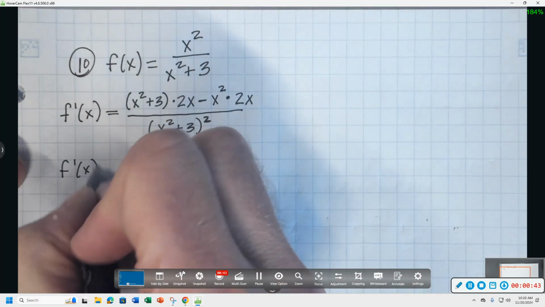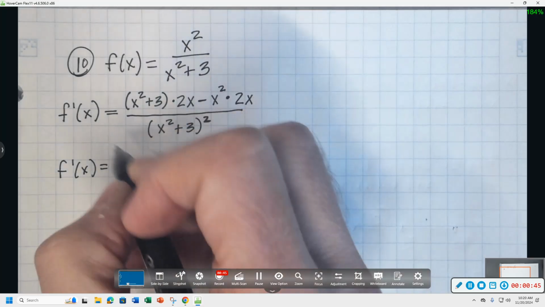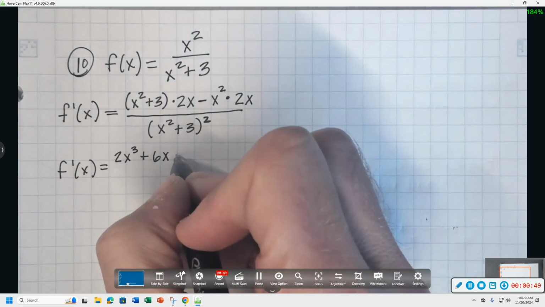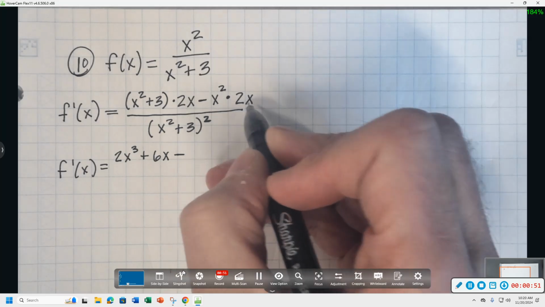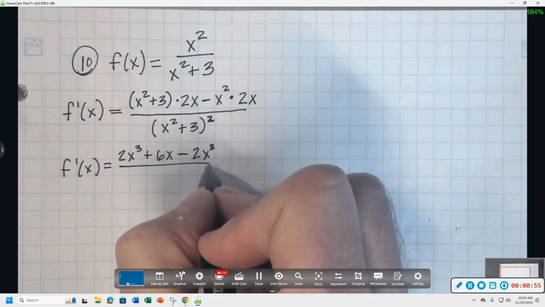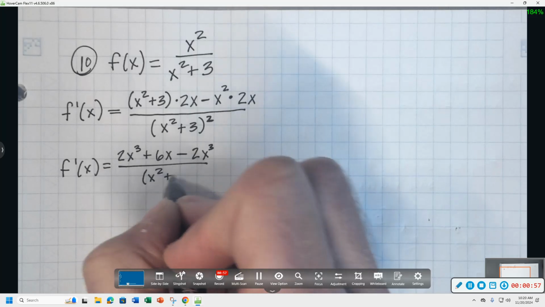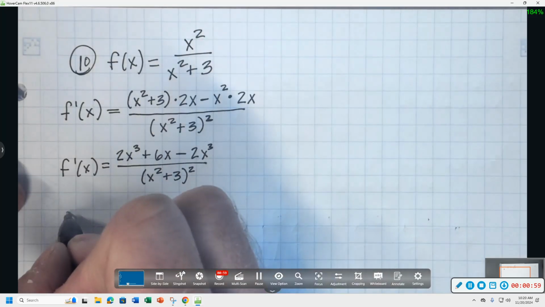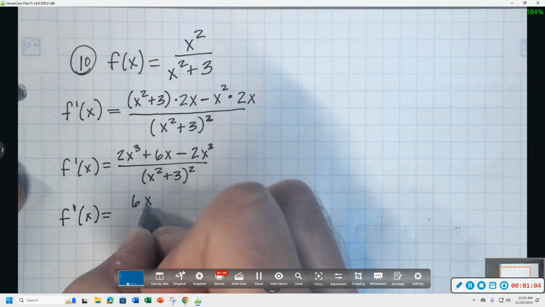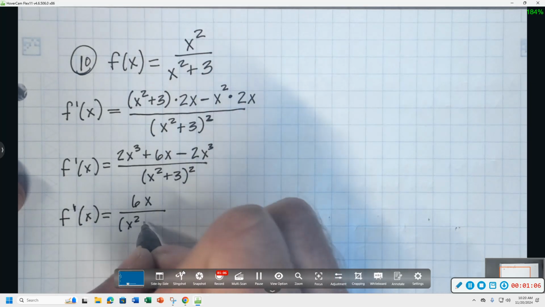F prime of x is equal to, I'm going to multiply by 2x here. I get 2x cubed plus 6x minus, this looks like 2x cubed, yeah? So, with a little bit of simplifying here, we see that our first derivative is 6x over x squared plus 3 squared.